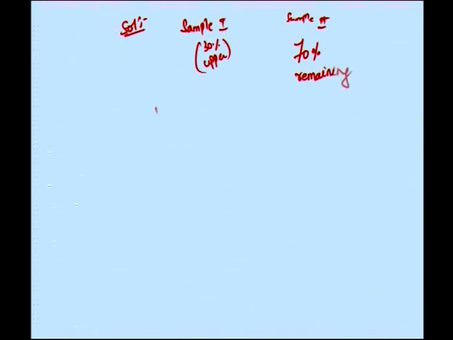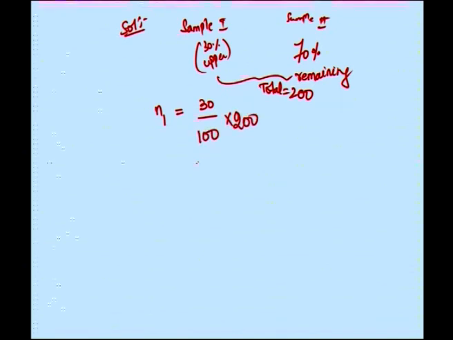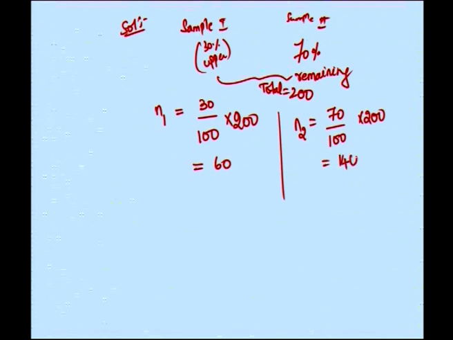Okay. In this, n1 is equal to 30% of the total. Total people is equal to 200. So, 30% of the total is 30 by 100 into 200 is equal to 60, and similarly n2 is 70% of the total, right. So, 70 by 100 into 200 is equal to 140.